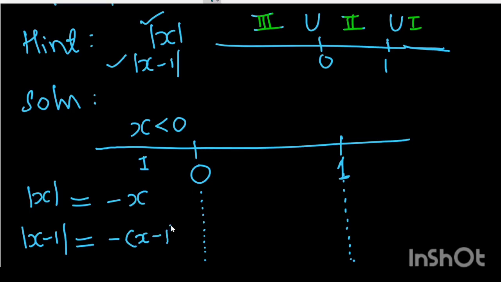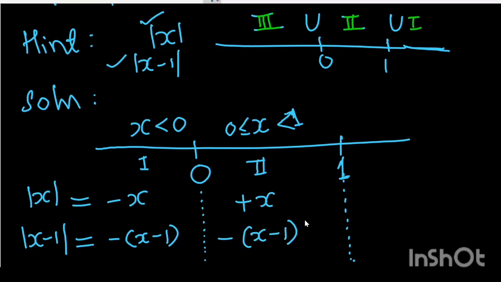By -(x - 1). In the second interval, x is greater than or equal to 0 and less than 1. There |x| would be replaced by +x, but |x - 1| would still be -(x - 1), which is positive.